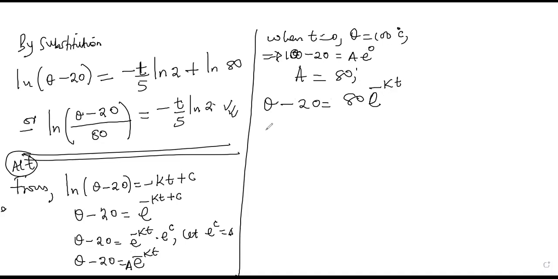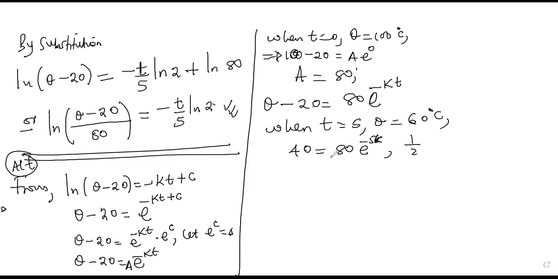But we also need to find out k. So to find k, you bring in another interval. When time went to 5, theta went to 60 degrees Celsius. So when you substitute, you have 60 minus 20, so you'll have 40 is equals to 80 e power negative 5k. Solving this, we shall divide by 80, so a half is equals to e power negative 5k.